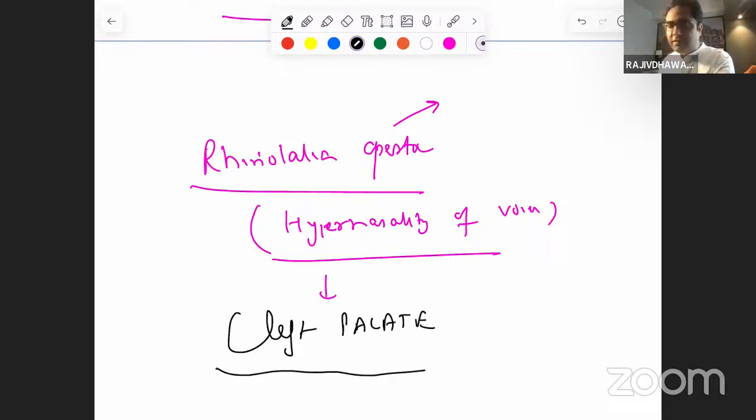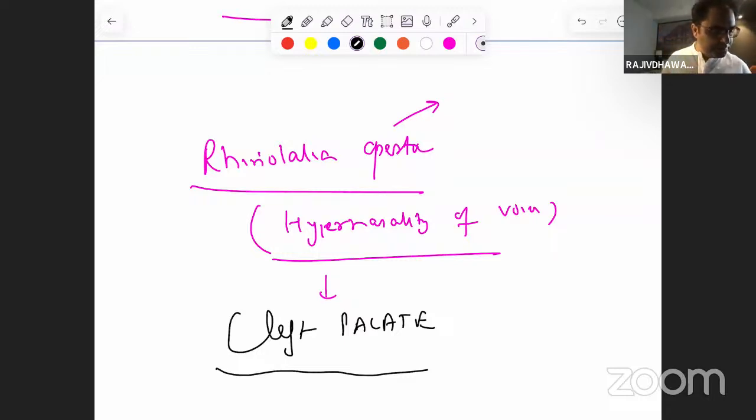Please see, if the palate has a cleft, then the nose air is coming to the mouth continuously. So your voice has got more dominance of the nasal element. When you say baba, the voice comes out as mama. The child said baba, the voice came as mama, like that. Why? The nasal element is dominating. Hypernasality of the voice.